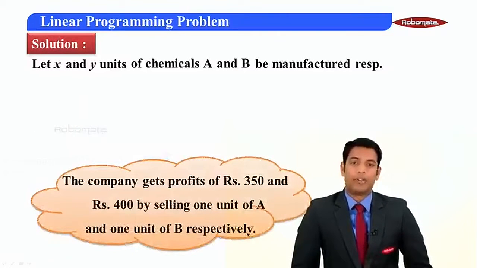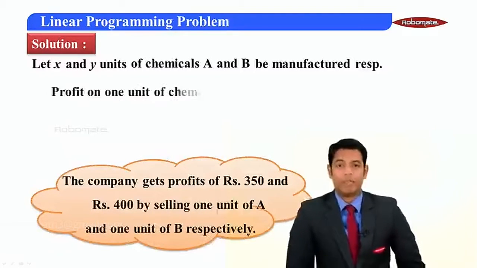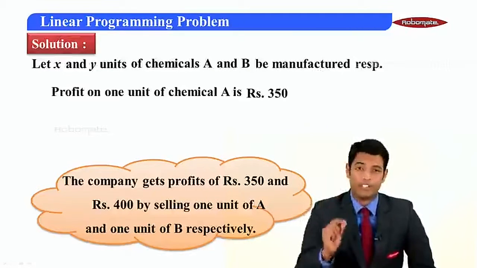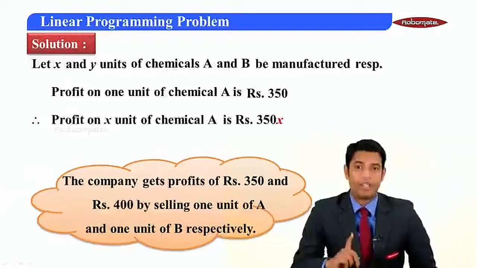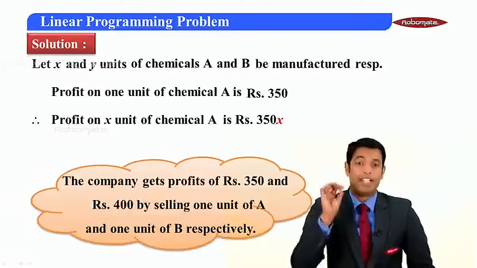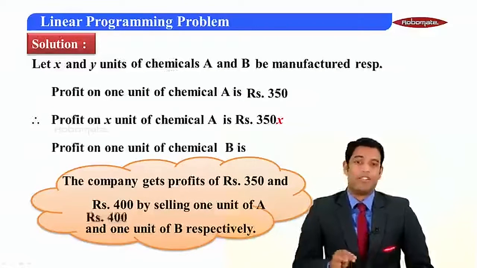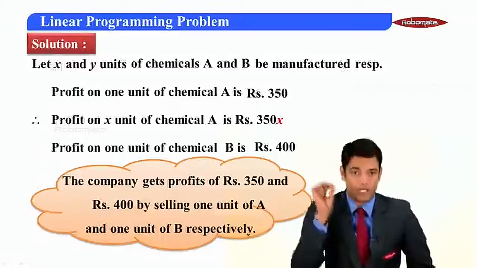Next we will calculate something called the objective function. It is given that the company gets a profit of rupees 350 on 1 unit of chemical A. So obviously on X units of chemical A, the company will get 350x rupees profit. Similarly, on 1 unit of chemical B, the company gets a profit of rupees 400.